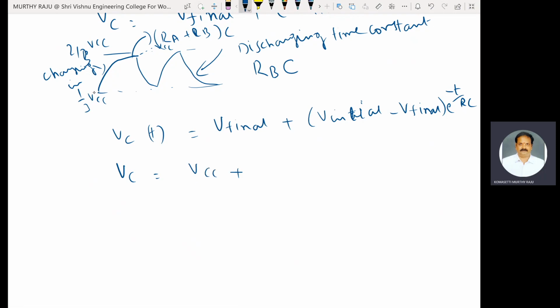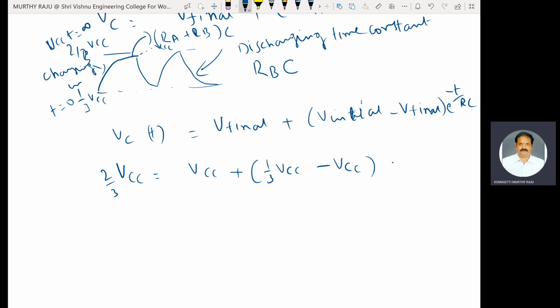V initial is the capacitor charging from 1/3 VCC. V initial minus V final is 1/3 VCC minus VCC, where VCC is the steady state value at T equal to infinity, and 1/3 VCC is the value at T equal to 0. The value VC is equal to 2/3 VCC.